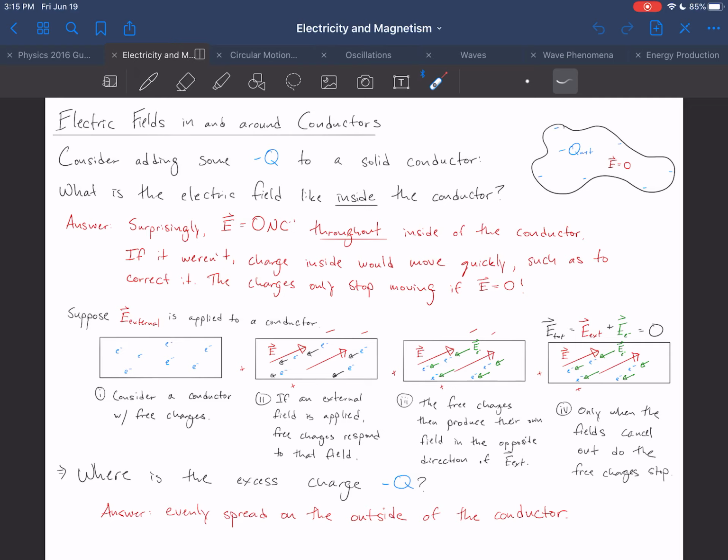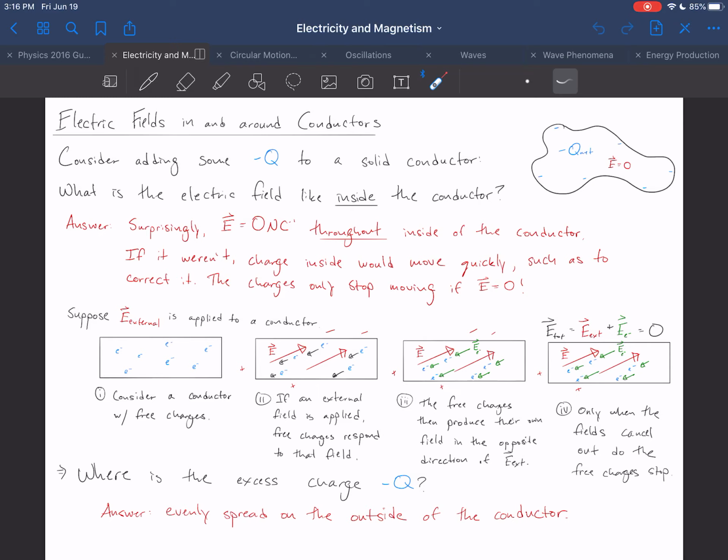It's worth noting, though, that this is super counterintuitive, and I really want to impress upon you how counterintuitive it is. Remember, we drew the electric field for both bare positive and negative charges, and you would think that a whole collection of negative charges could not possibly lead to an electric field of zero inside the conductor.